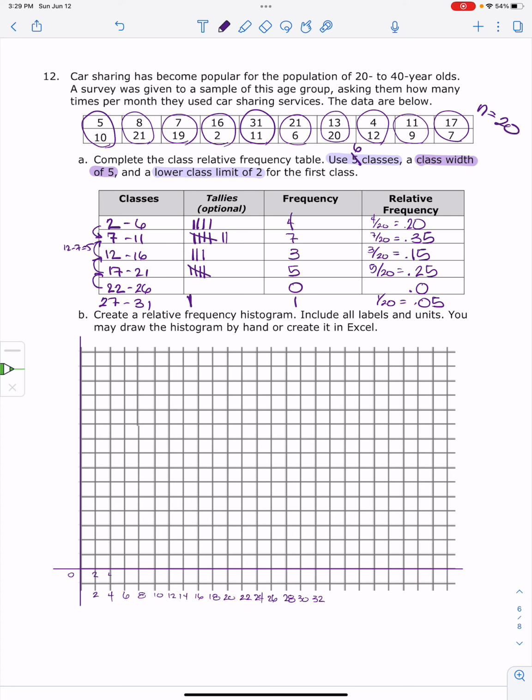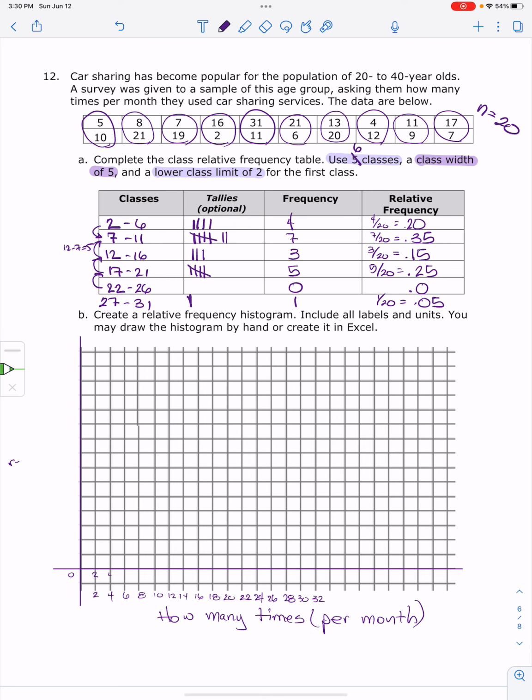Let's see. We need a label on the bottom. So this is how many times per month that they use that car sharing app.